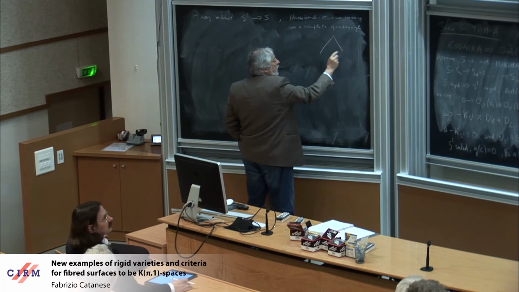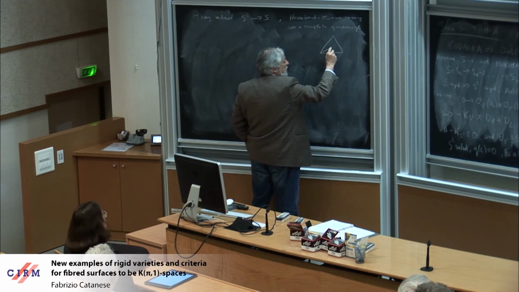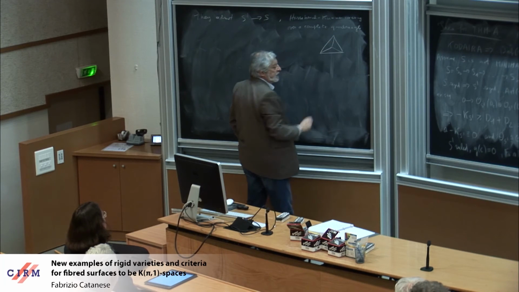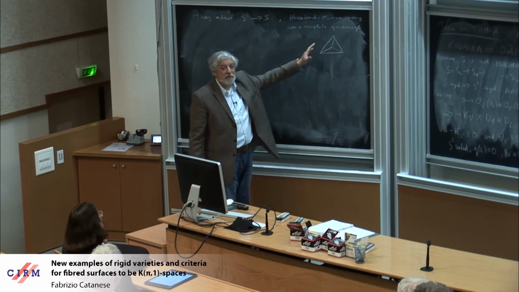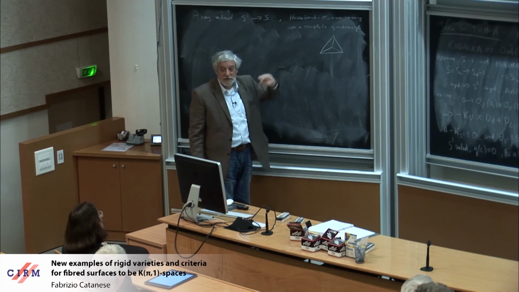So you take 4 points in P2, which is another way to see the del Pezzo surface, and then you take the nth root of all these quotients of linear forms.